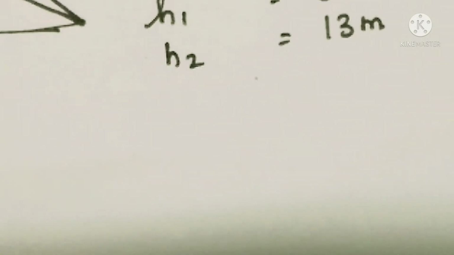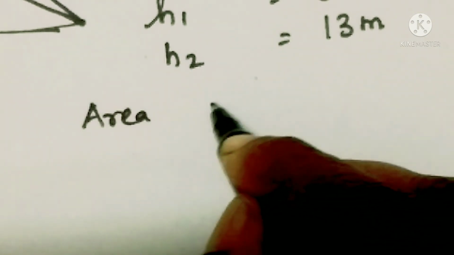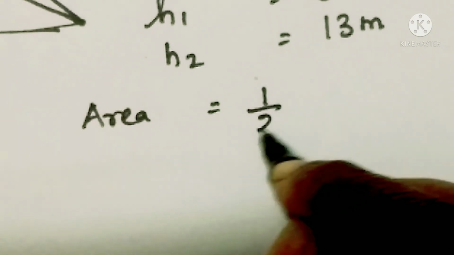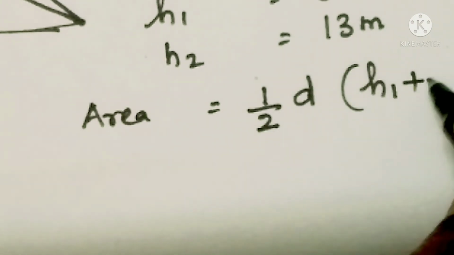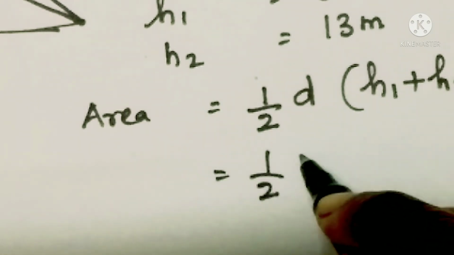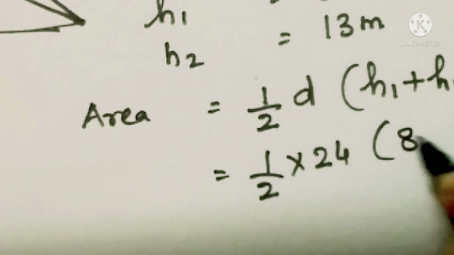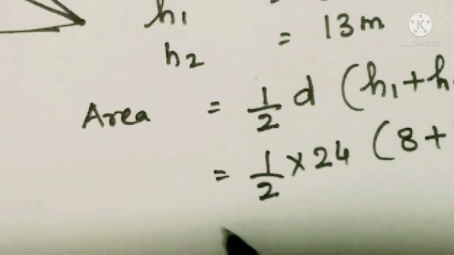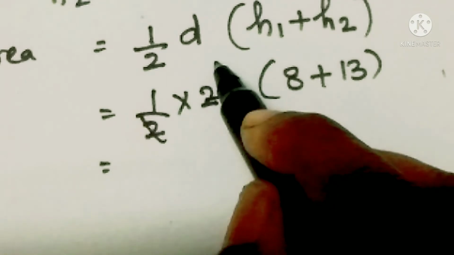Now what is the formula to find the area? Area is equal to half into diagonal into height 1 plus height 2, that is half into, what is diagonal? 24 into 8 plus 13. So when you simplify, what do you get? 2 12s are 24.